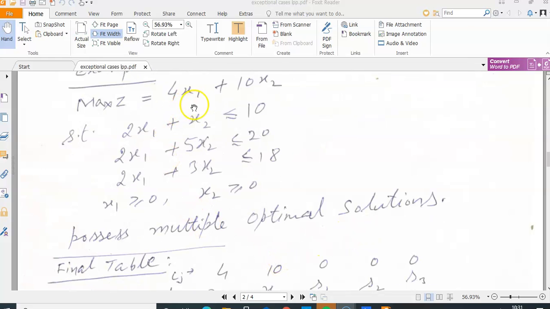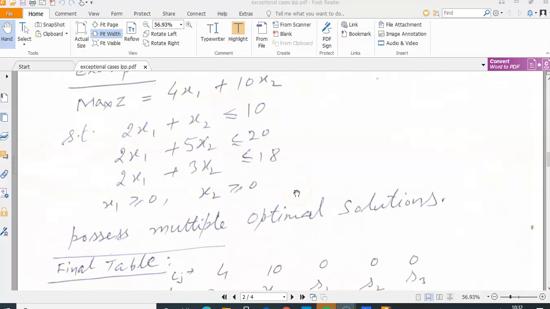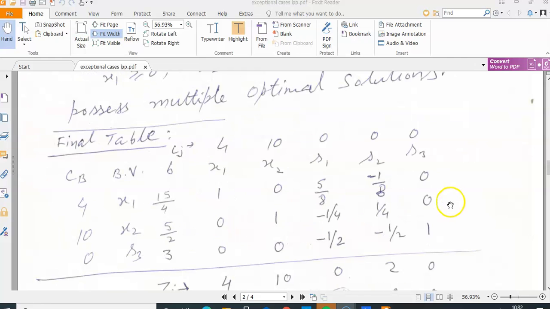For example, maximize z = 4x1 + 10x2, with less than equal to constraints. This problem possesses multiple optimal solutions.